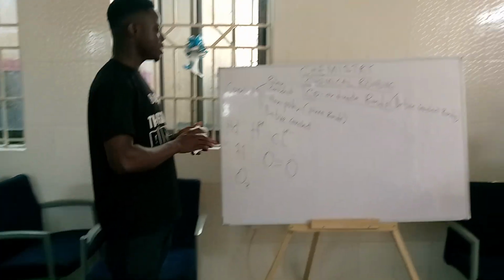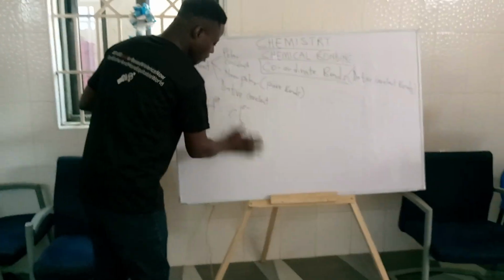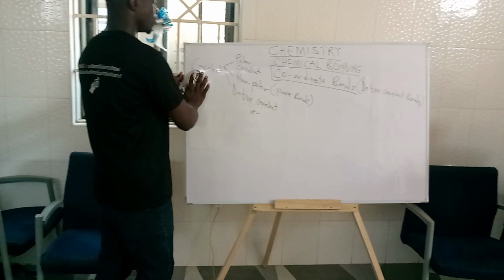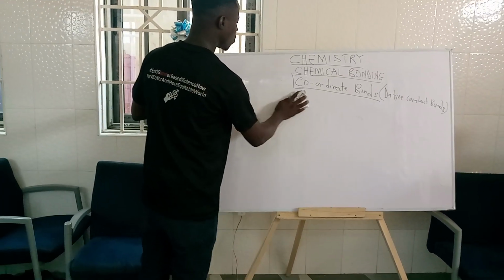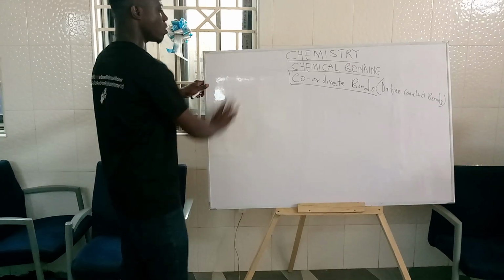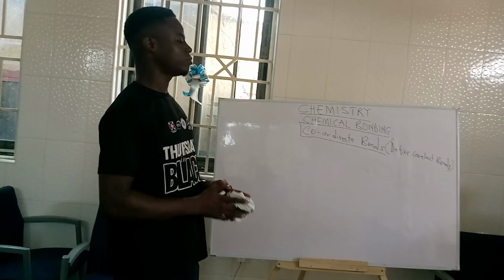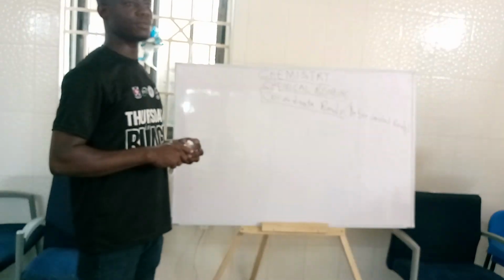But today, in this video, our focus is not on polar and non-polar, but our focus is on what we call coordinate bond or dative covalent bond. Why the name dative?